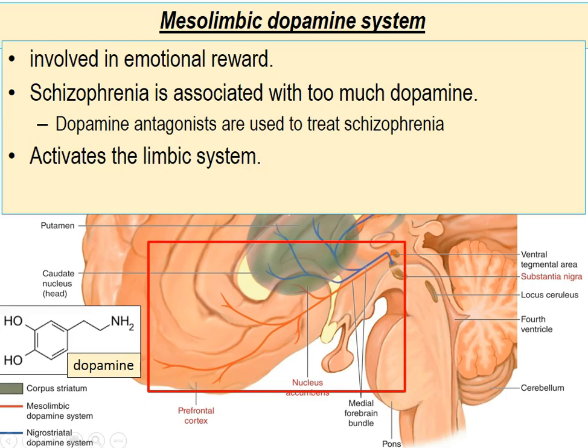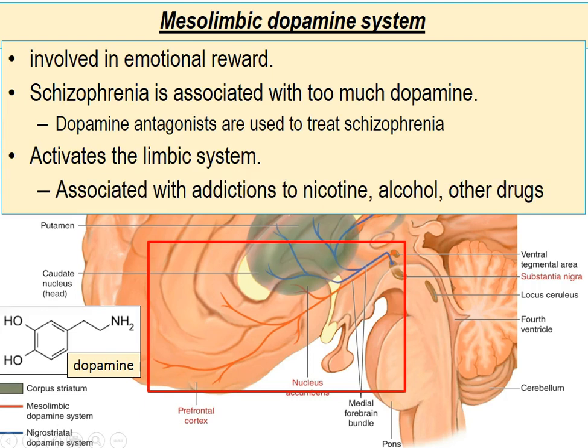It also activates the limbic system, and so can be associated with addictions to nicotine, alcohol, and other drugs. The limbic system is the part of the brain which consists of a lot of different parts that have been found to be involved in emotions.